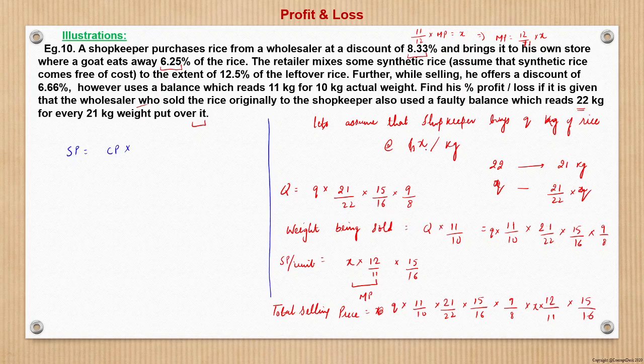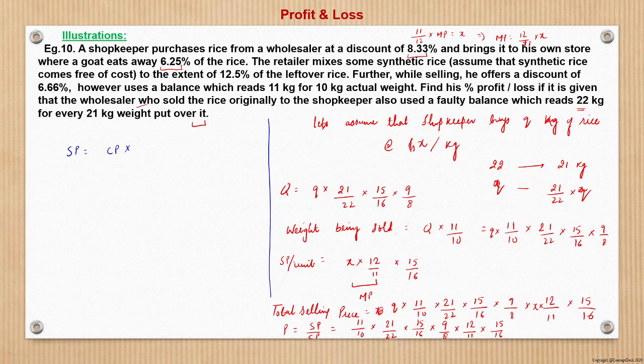What is the total cost price to him? That is X into Q. He would have paid X into Q. So the profit will be total SP upon total CP, which is Q into X into all these factors upon QX. So what remains is 11 by 10 into 15 by 16 into 9 by 8 into 12 by 11 into 14 by 15, right? So this we will solve actually. What will be the net term?